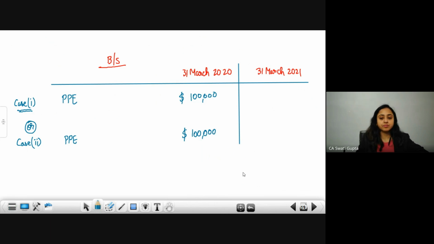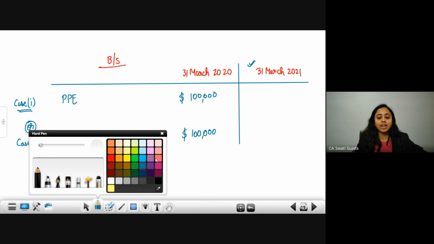For example, on the latest reporting date, when you're preparing your financial statement, you move to the fair valuation approach. If you're following the fair value model, for example, in case 1 the value was 1,20,000.